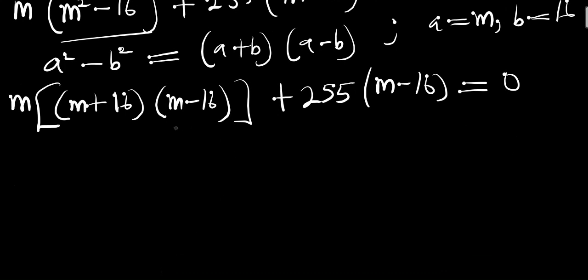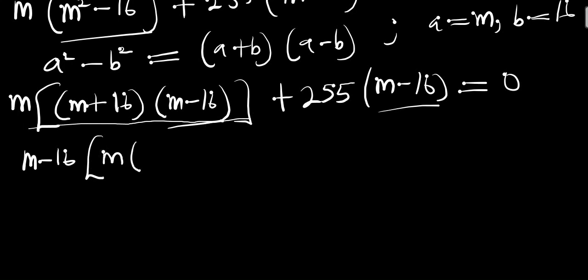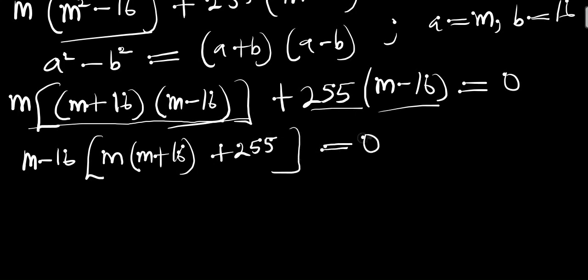So we have m minus 16 here, we have m minus 16 here, we can factor that out. We are going to have m minus 16 into, if you divide the whole of this, m into m plus 16. Then what do we have left here? Plus 255. And this equals 0.